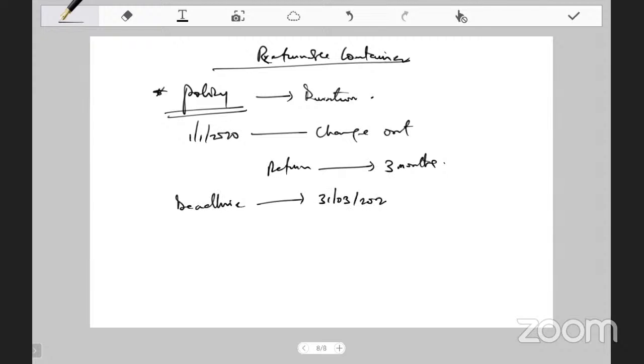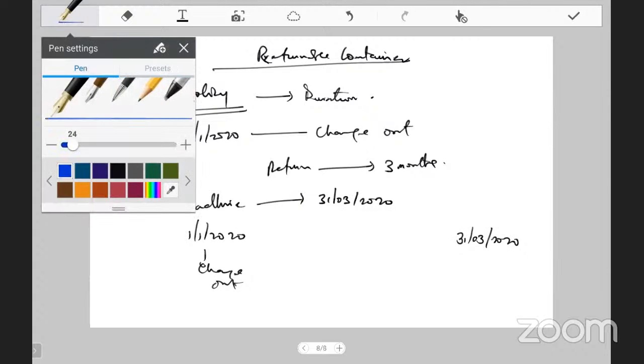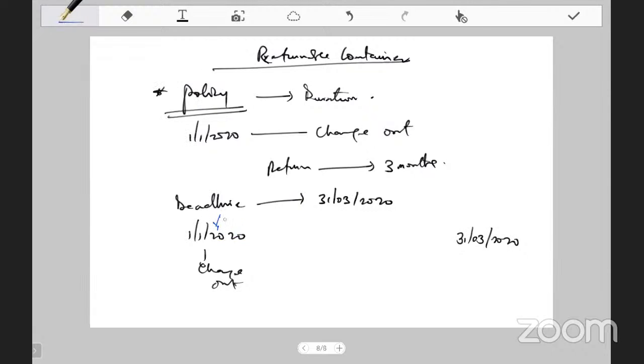Now, this is where we are going. 1st of January 2020 was the day that the item was charged out, and the deadline is 31st March 2020. From 1st of January to 31st of March, that period, any container in the hands of the customer is still referred to as returnable.